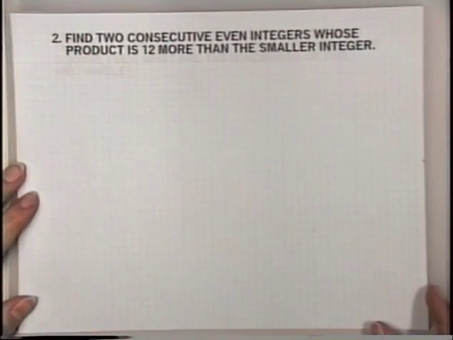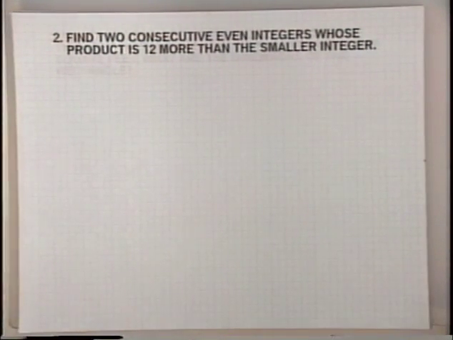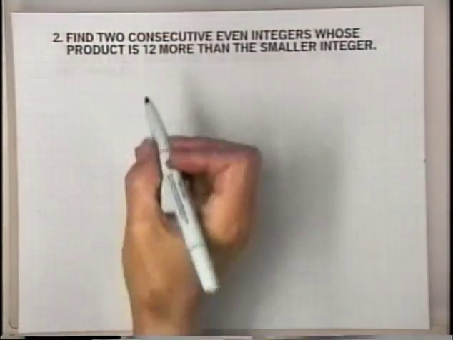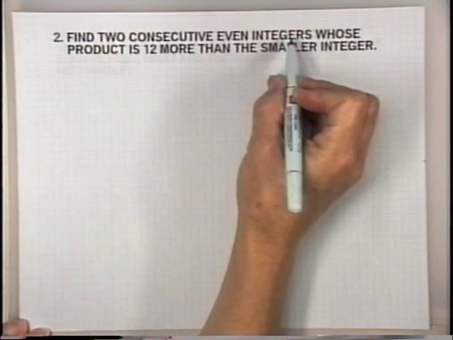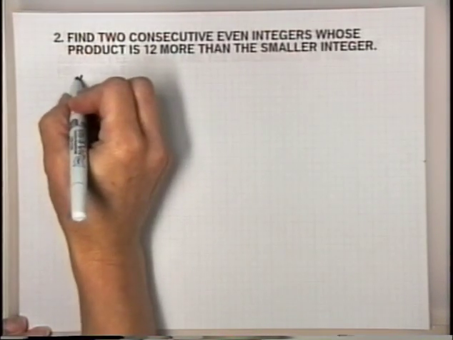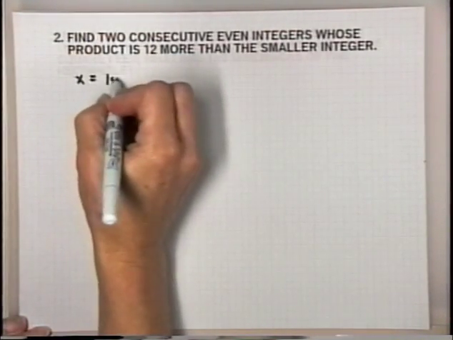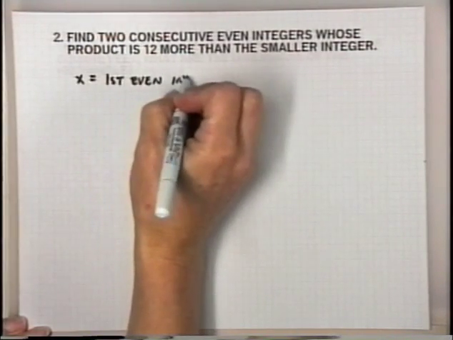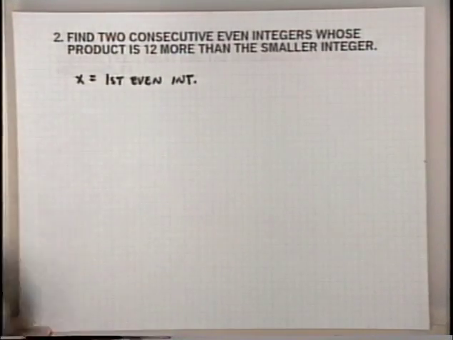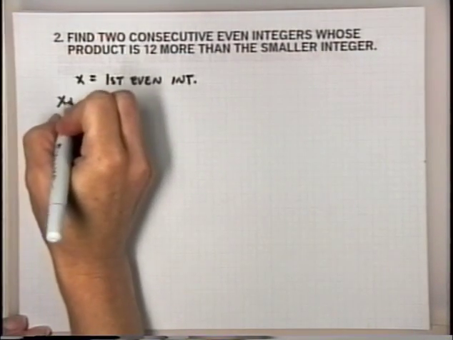Your second problem was to find two consecutive even integers whose product is 12 more than the smaller integer. We were looking for two consecutive even integers. If we let x equal the first even integer, to get to the next consecutive even integer, we would have to add 2.